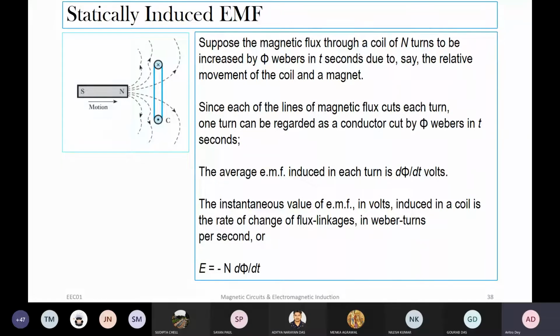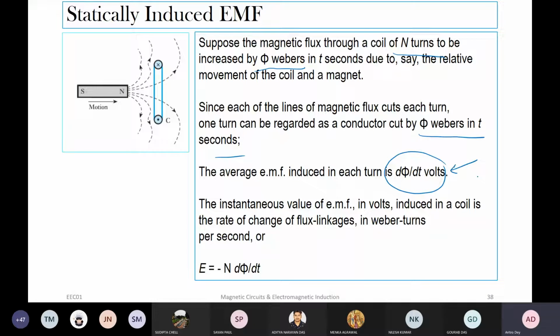Suppose we have a magnetic flux through a coil of n turns to be phi in Weber in t seconds, say by relative movement of the coil and the magnet, that is equal to d phi by dt, right? Since each of the lines of the magnetic flux cuts the turn, one turn can be regarded as the conductor cut by phi Weber in t seconds. So average EMF, as from Lenz's law, is d phi by dt for one turn.